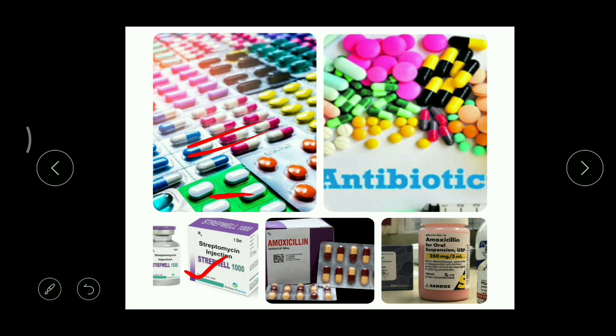So this is streptomycin, and these are amoxicillin capsules, and these are also amoxicillin, and azithromycin is very common, and penicillin, right? So these are the different types of antibiotics, and we should use them very, very carefully, only on the prescription of a doctor, right?